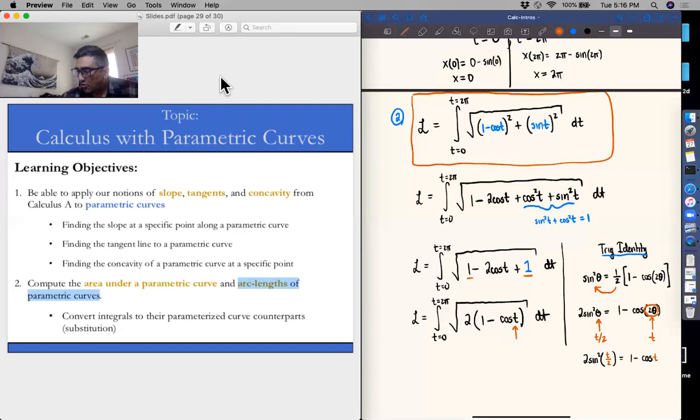And this is actually a pretty slick little playing around with trig identities, because what's going to happen when we take a square root of something squared? We get rid of that square root rather cleanly. So the next move we're going to make is substituting this 2 sine squared of t over 2 in for 1 minus cosine of t.